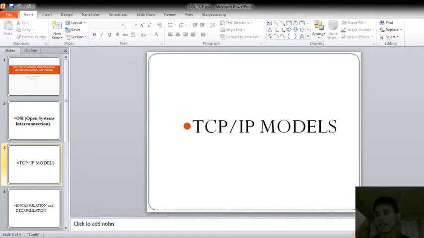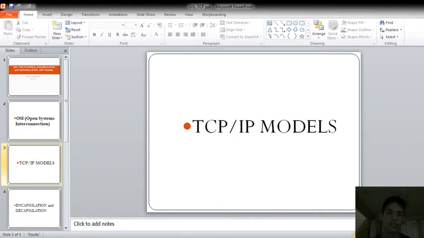Just like the OSI model, it describes the general guidelines for designing and implementing computer protocols. It consists of four layers, which are the network access, the internet, the transport, and the application. The TCP/IP model has fewer layers than the OSI model.